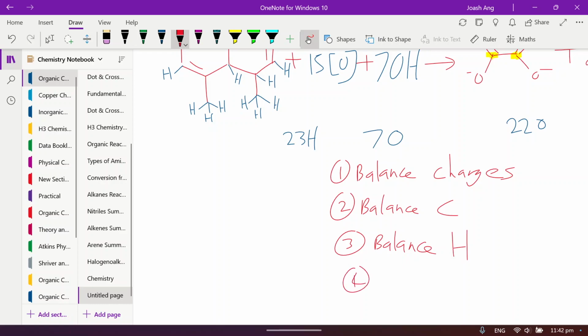And then last but not least, you balance oxygen. You balance oxygen last because generally there's a lot of reactants and products that contain oxygen. So we want to deal with oxygen last.